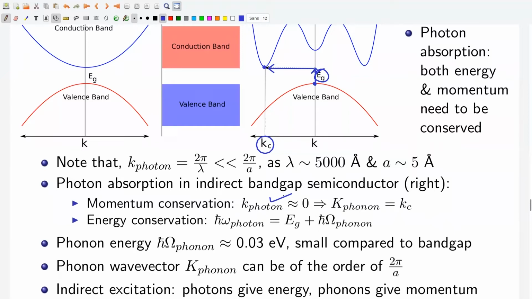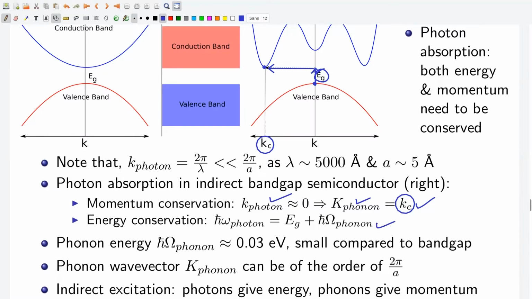Phonons are quantized modes of lattice vibrations. They have a large wave vector which is of the order of Kc, as required to satisfy the momentum conservation. Thus, momentum conservation is taken care of by the phonon absorption. Energy conservation equation is this.